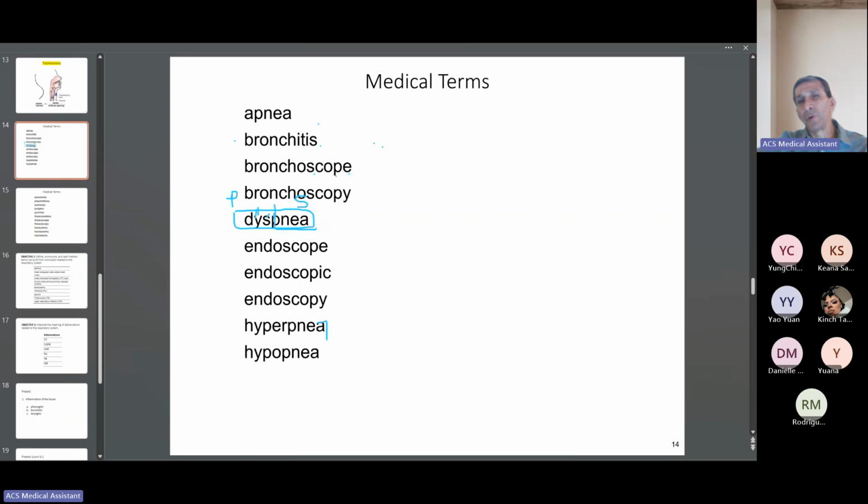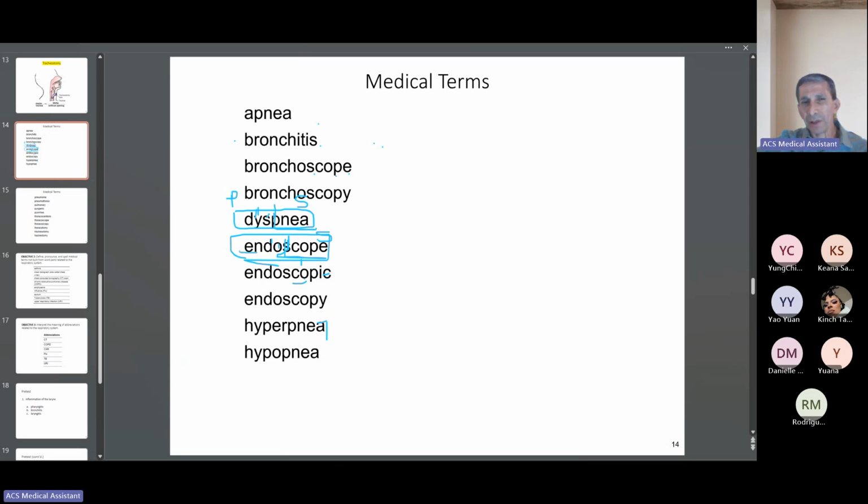Okay, so let's move on to the next one. Endoscope. So now we know that endoscope has two parts. We have scope. Remember, scope is the suffix, and scope means instrument.